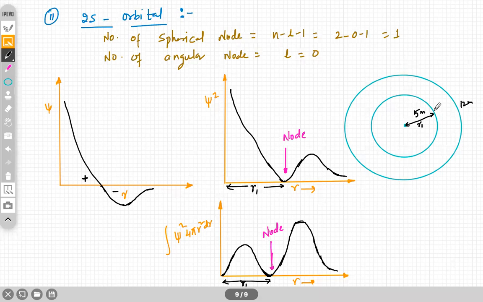Okay, so in the graph of psi square, the point where it touches the x-axis is 7 meters, not 5. Yes, exactly, that's the point I'm trying to make. Whatever the distance, it has to touch only at one point. Whatever the distance we have here, at the same distance we have a spherical surface. That's what I have written, R1 and R1.